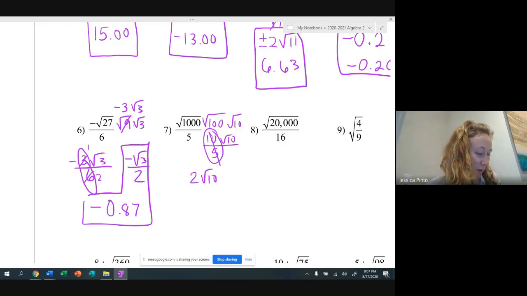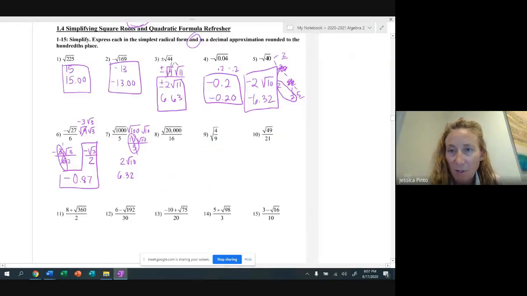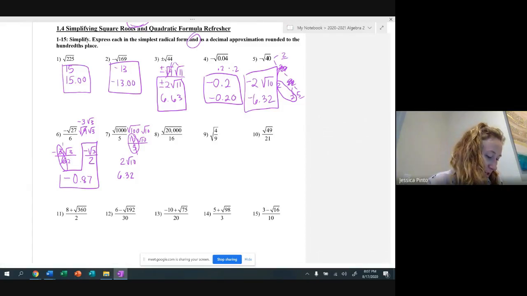I got 6.324, which is odd. I feel like I got that number just a moment ago. Negative 6.32. And then let's test the original divided by 5. Perfect. It's going great.